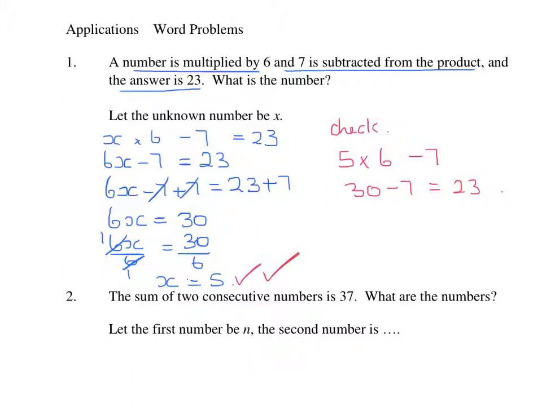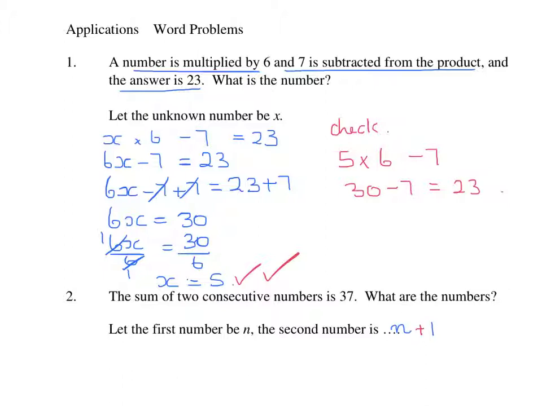What's the number after n? If it's consecutive, it's 1 more than n, so it's going to be n plus 1. If the numbers are consecutive, then the second number is always 1 more than the number before it.